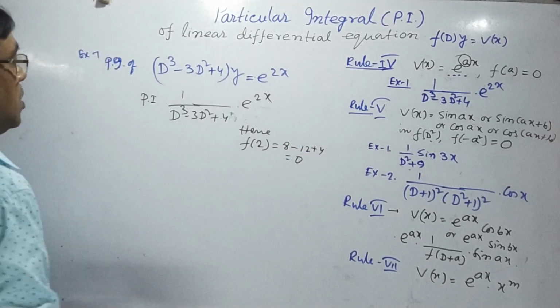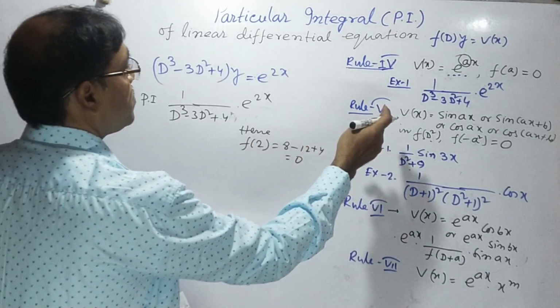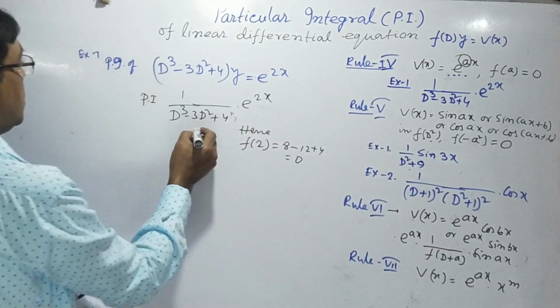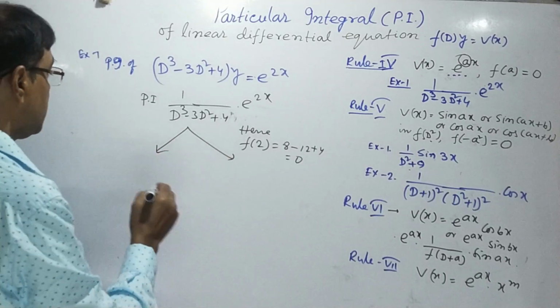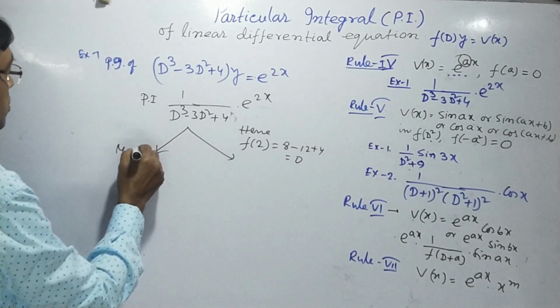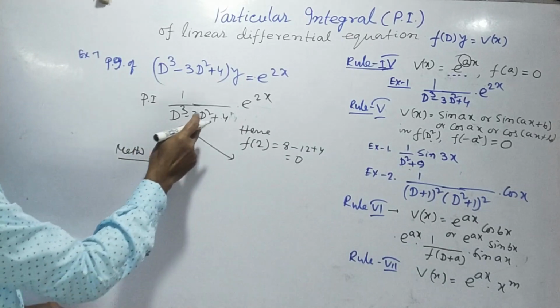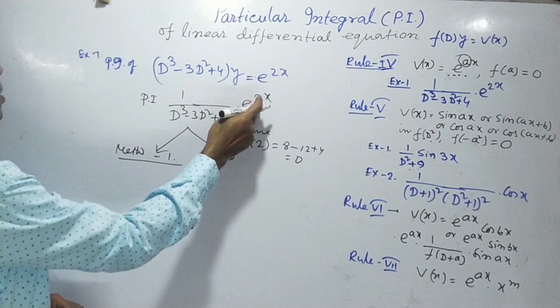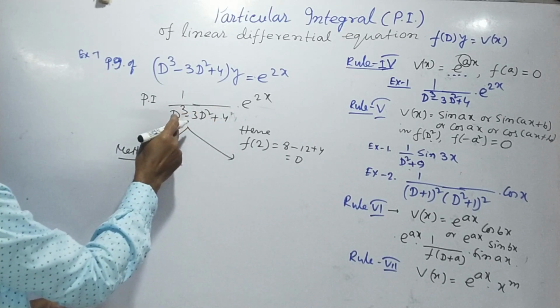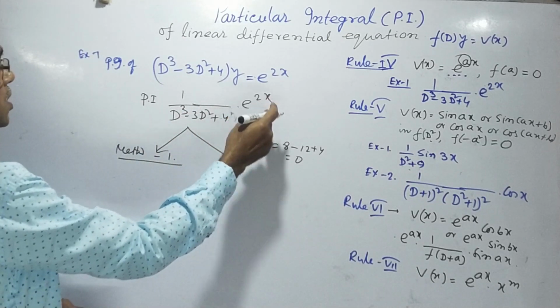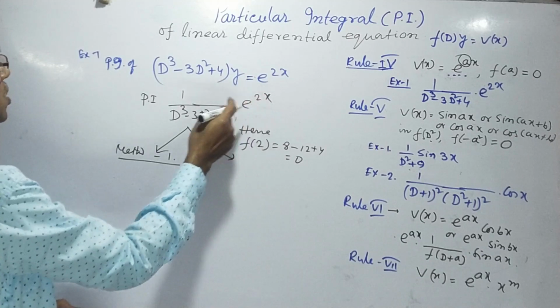So we follow a different method to solve this problem. First method: we differentiate this, then put D equal to 2.